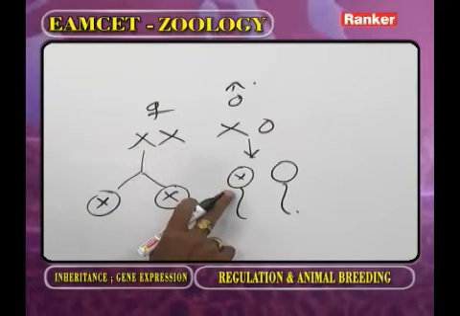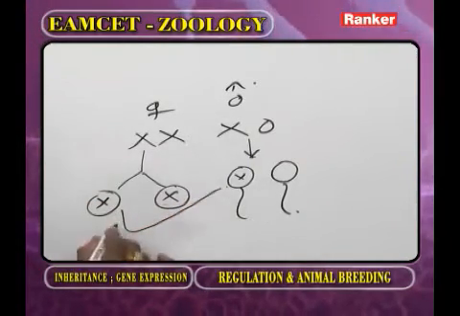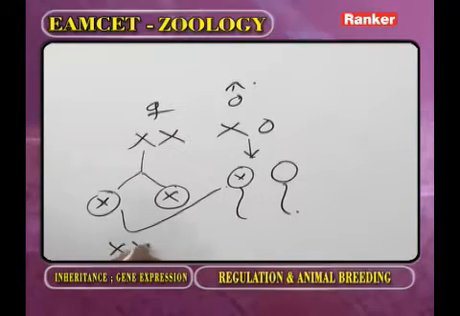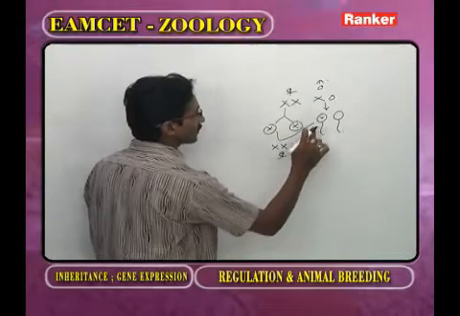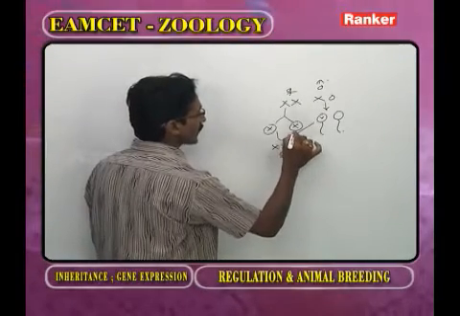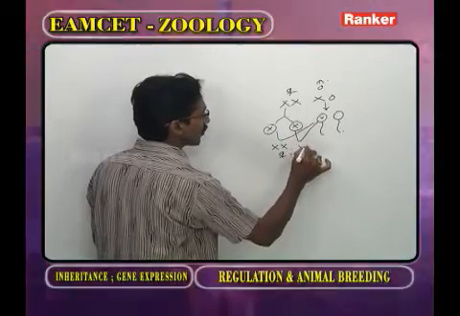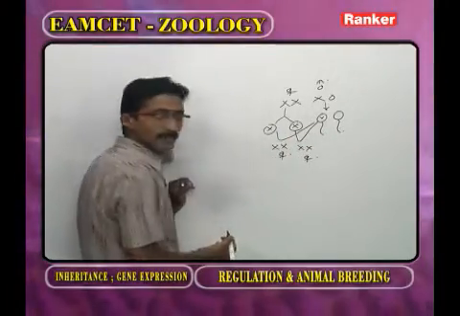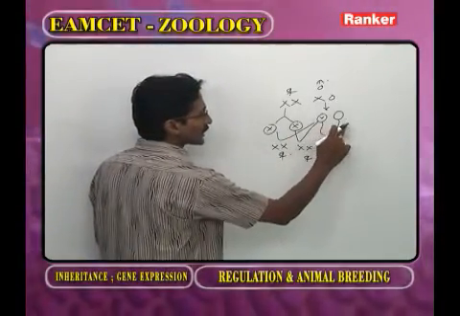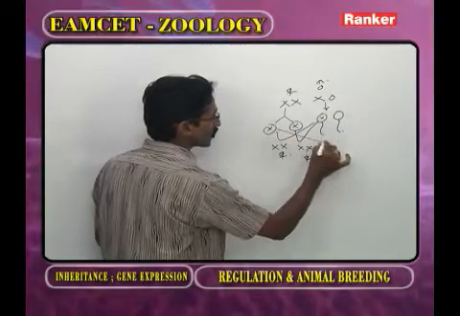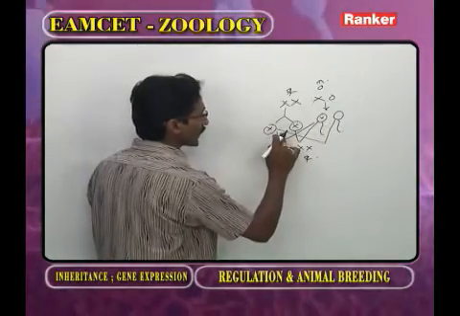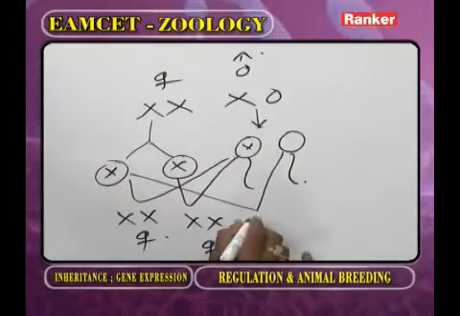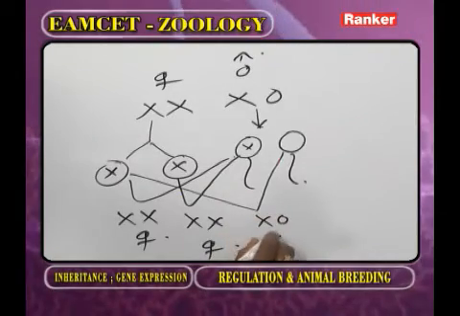Now the X bearing sperm fertilizes with this ovum, you are getting the female. Again this sperm fertilizes with this ovum, you are getting the female. Now here the sperm has no sex chromosome, this sperm fertilizes with this ovum, we are getting the male.